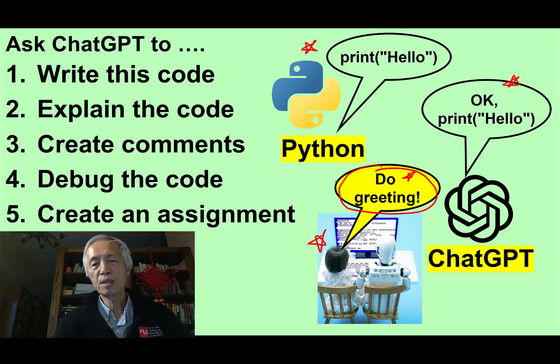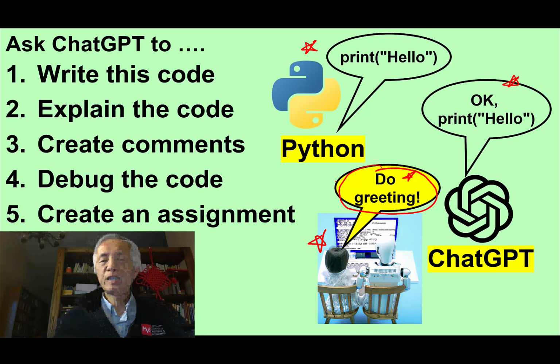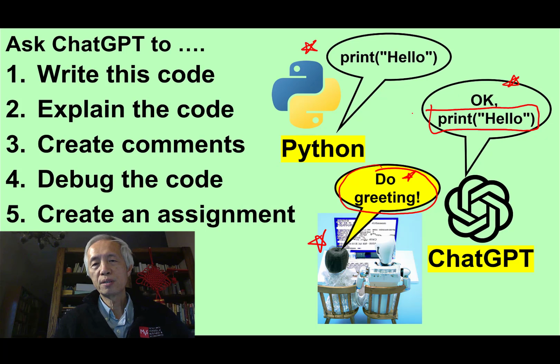Sometimes it can understand a simple command and try to figure out the context, but sometimes it's not very good at it. So in this case, ChatGPT will say, okay, the code that you should write is print hello or hello world.